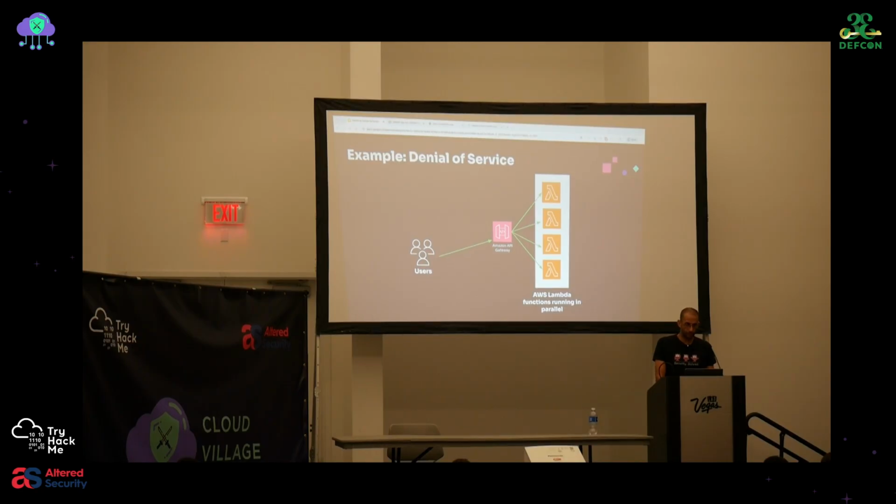So let's say, for example, you have a platform where you want to serve benign users. The users submit requests and they are served by the different Lambda functions which are running in parallel. But we saw a bot generating malicious requests, taking up all the resources from the Lambda function.